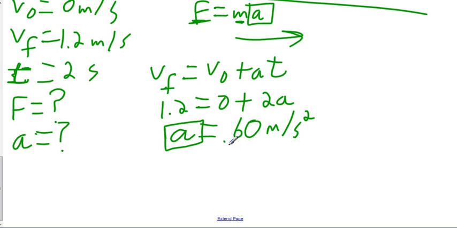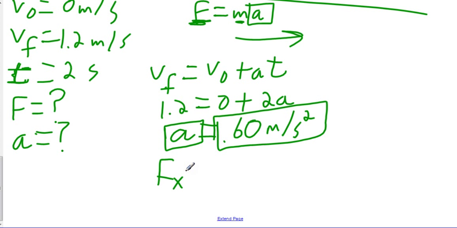Because this acceleration is in the horizontal, that means that this force must be the horizontal component. And so let's find the x component of the force, which is going to be equal to 15 times 0.6, which gives us 9 newtons.